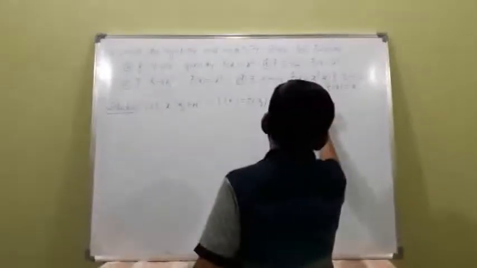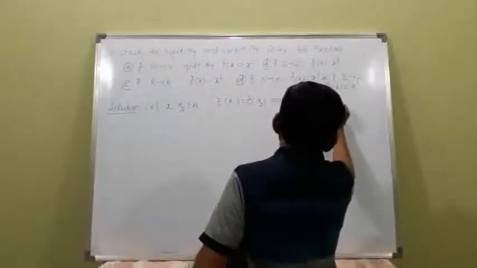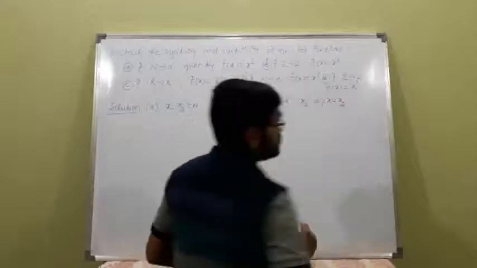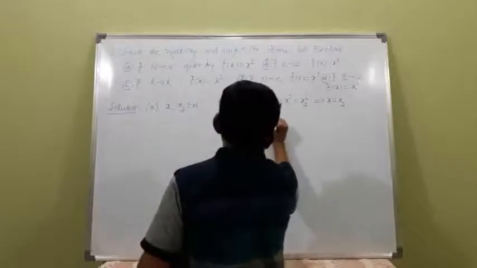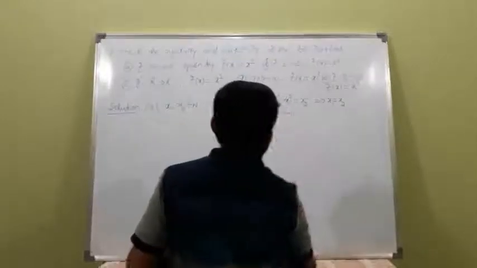This implies x1 is equal to x2 because of the set of natural numbers. Therefore, f is 1 to 1.